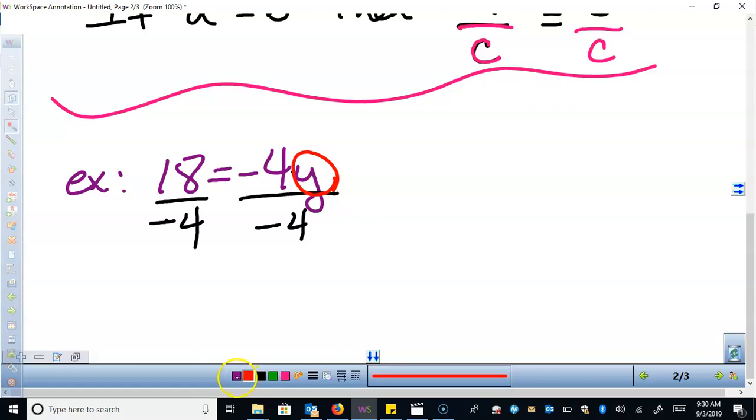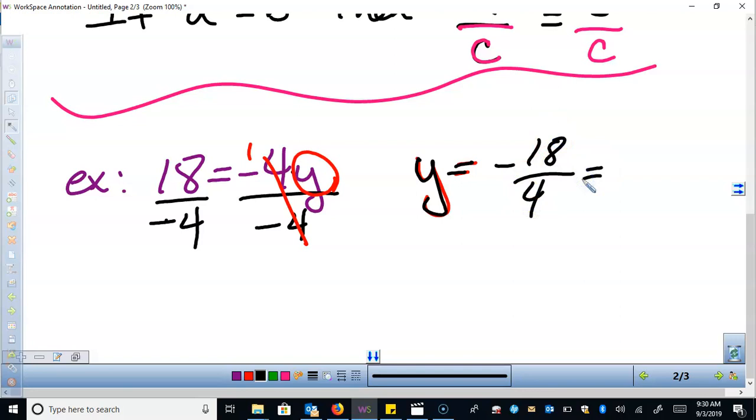When we do that, -4 divided by -4 equals 1, and 1 times y is equal to y. Looking at the other side, we have 18 divided by -4. Positive divided by a negative is a negative, so we know we're going to get a negative answer, 18/4. Writing that properly, 4 goes into 18 4 times with 2 left over, so we're going to have -4 1/2.